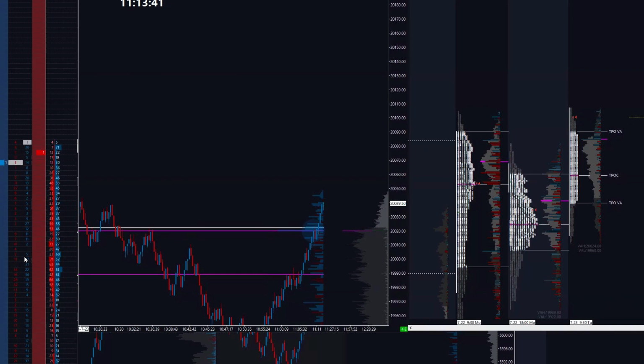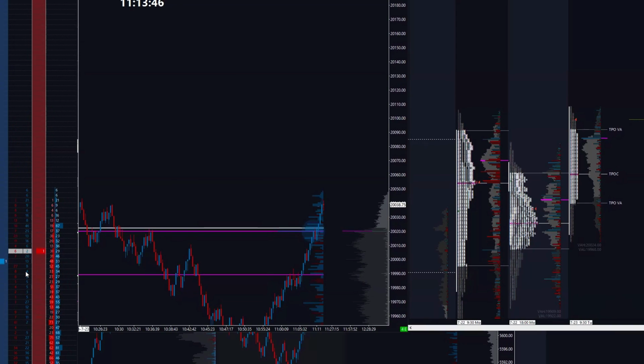So minor pullbacks to the tune of 5, 6 points, right? Just get rebid consistently. And every time we pull down with large orders, the buy side says, thank you very much, sweep it back higher.